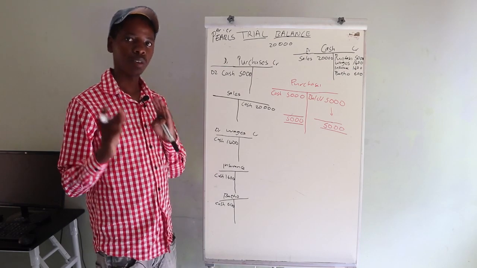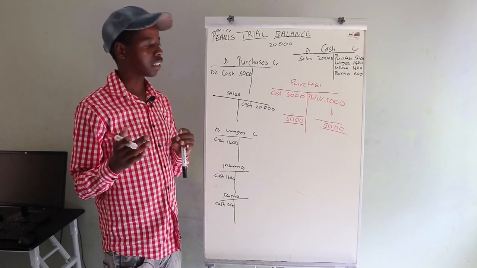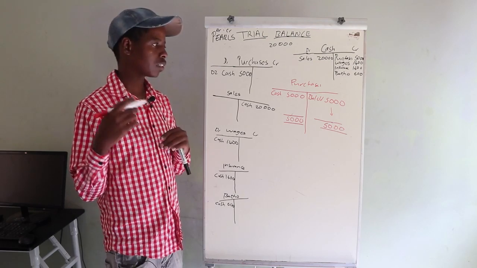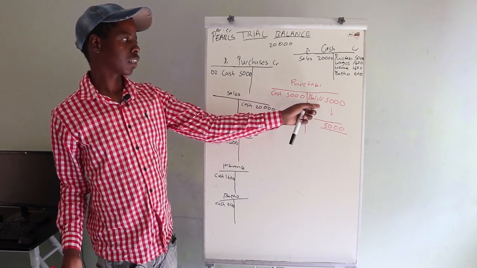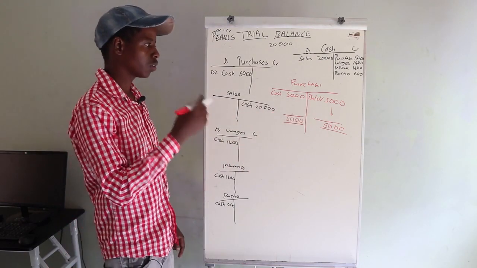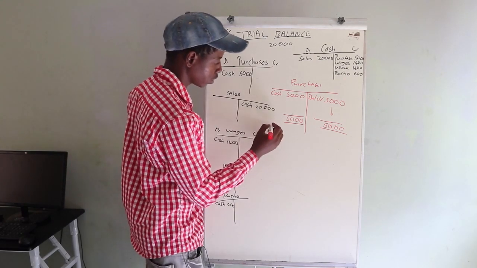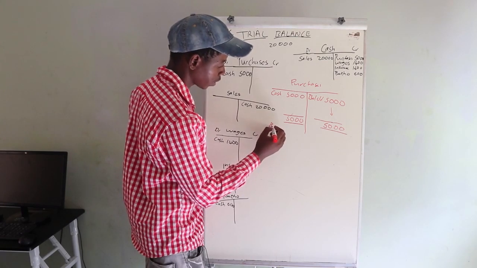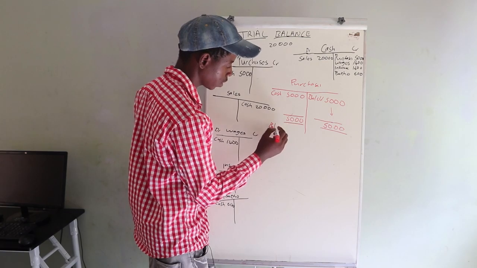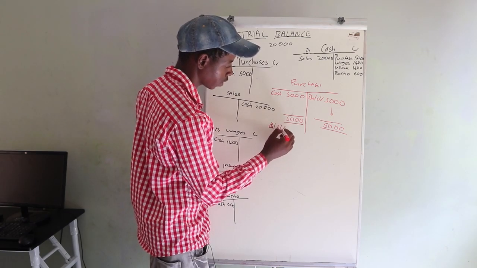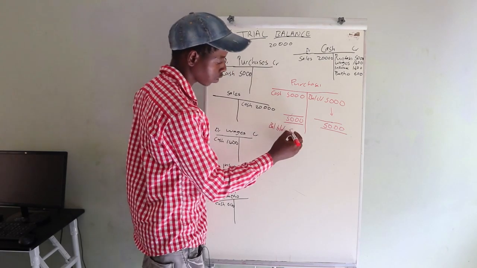Remember, I said balance carried down and balance brought down should not be on the same side, right? When the other one is on your right, you write the other one on your left. Since balance carried down is on our right, we're going to write balance brought down on our left, right? So remember to write it under this figure, balance brought down or balance brought forward, and then you write 5,000.